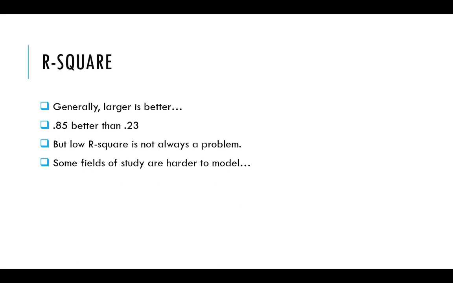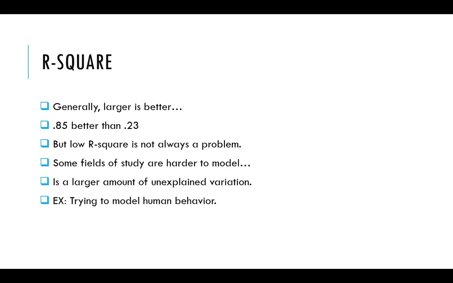It's important to understand that some fields of study are just harder to model, because there might be a larger amount of unexplained variation. And one example we deal with a lot in economics is trying to model human behavior. Because face it, guys, people are just harder to model.